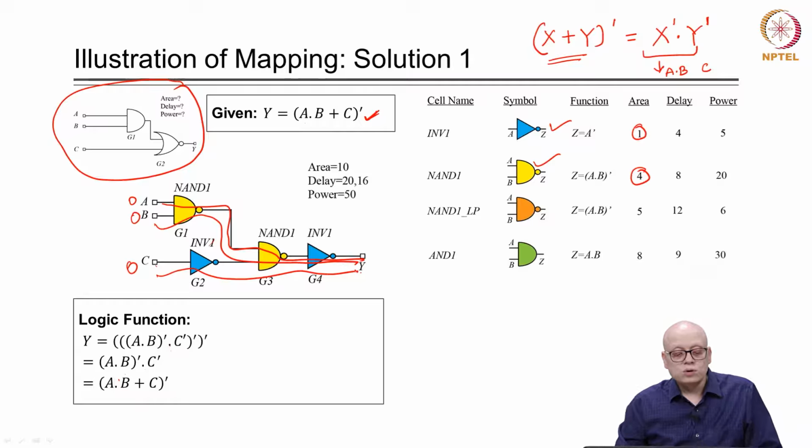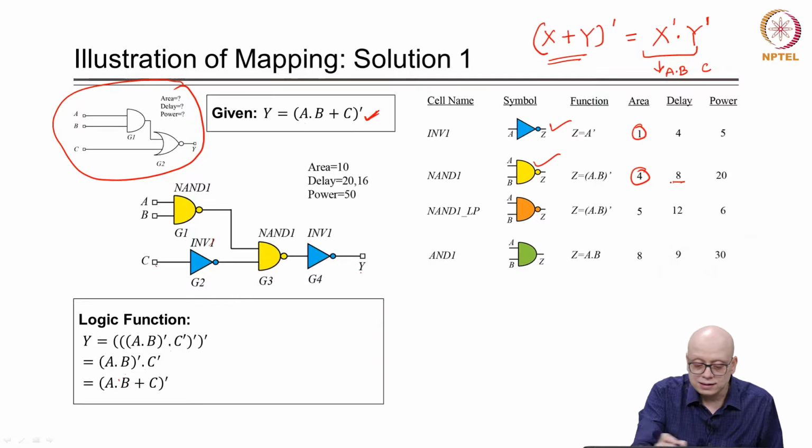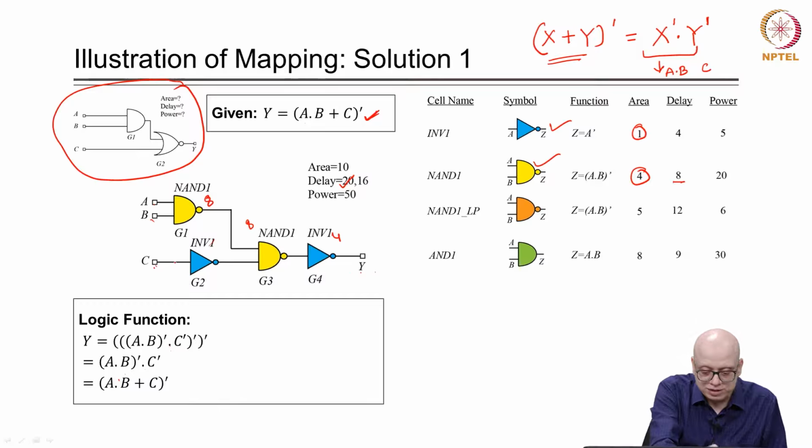From A and B, the delay of NAND 1 is 8, the delay of this one is again 8, and the inverter is 4. So 8 plus 8, 16, plus 4, 20. That is for the path from A to Y and B to Y, which will be the same, 20 units.